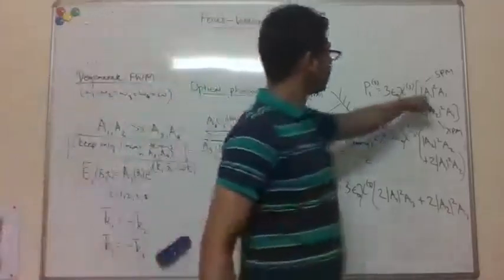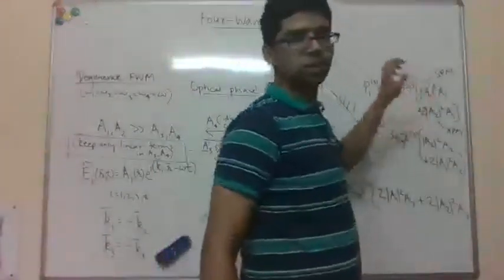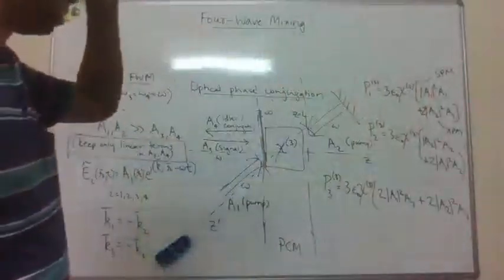I could also write a self phase modulation term, mod A3 square A3, but again, that's square in A3, so we neglect it, right?